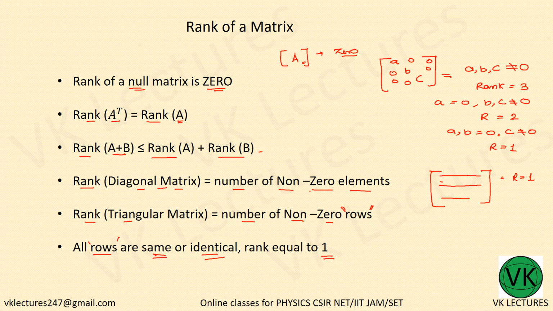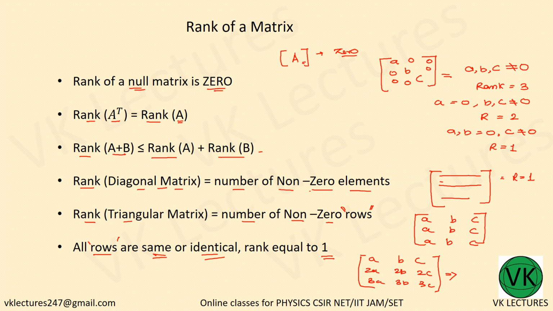Same means, for example, let us consider A, B, C; A, B, C; A, B, C. Identical means this is A, B, C, this is 2A, 2B, 2C, this is 3A, 3B, 3C. This is called identical. So in these two conditions, the rank is equal to 1.